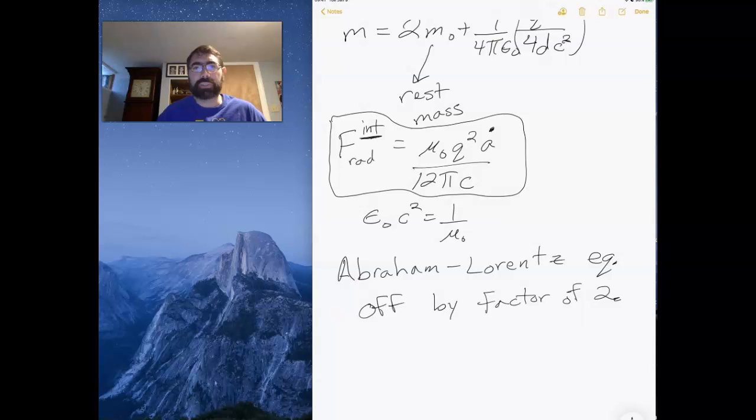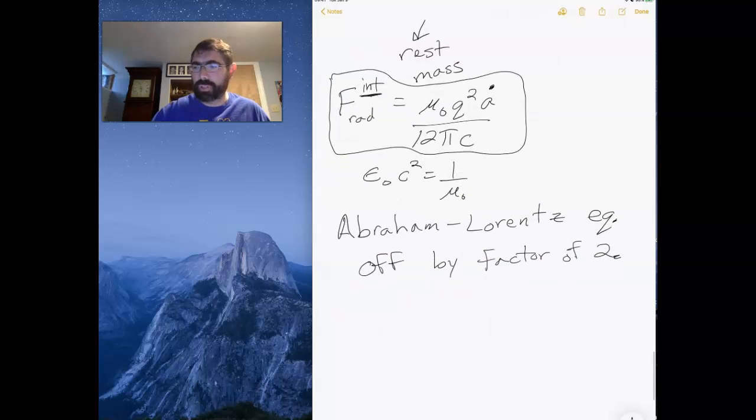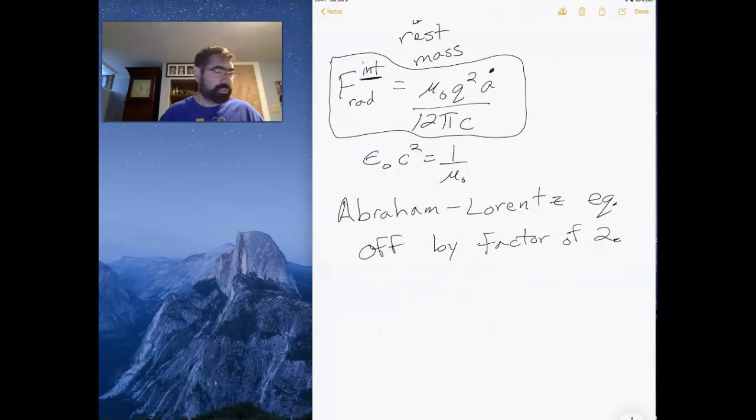We're only looking at the internal interaction, and so the force on itself gives the other factor. So in the end, if we were to include a factor of 2, then our force for the radiation would be mu0 q squared a dot over 6 pi c. So that's the Abraham-Lorentz equation.